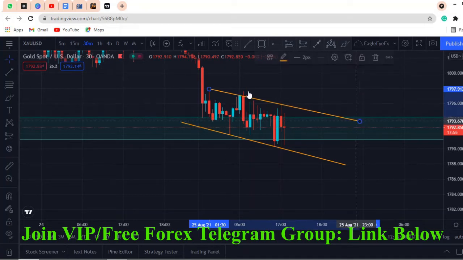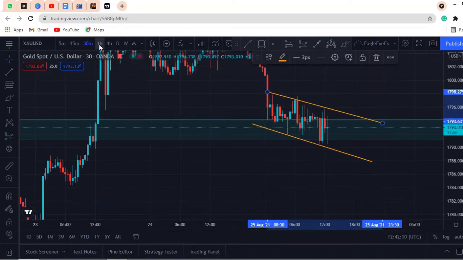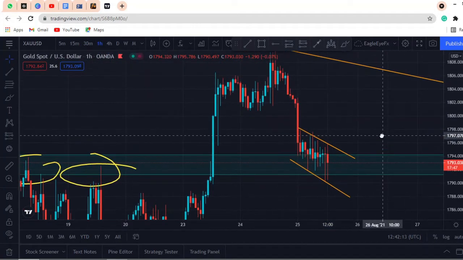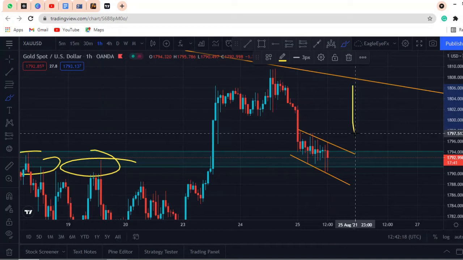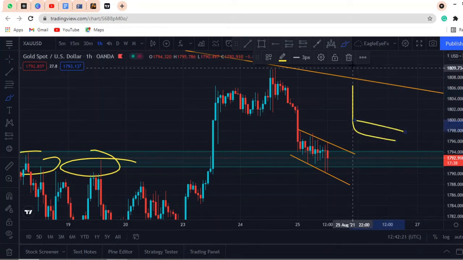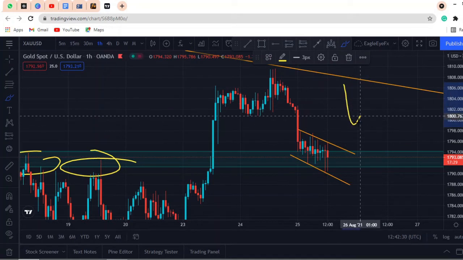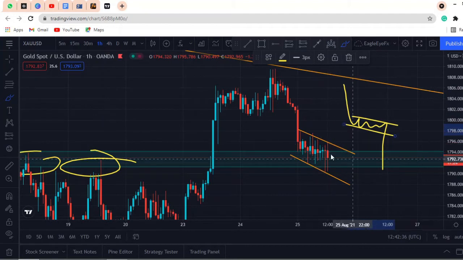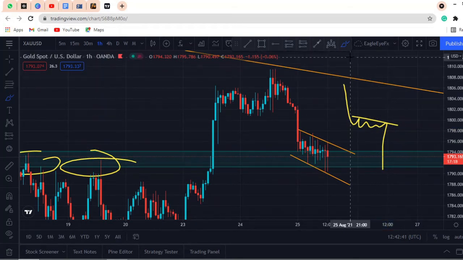What I'm thinking is perhaps what gold is doing, and the reason why, even if you go to the 1 hour time frame, it has formed this, to me looks like a bearish flag, where the market comes down like that, then tries to consolidate before it breaks and continues going down. So this is what I'm seeing, if this is what gold is trying to do. All right, so that is what I will do.